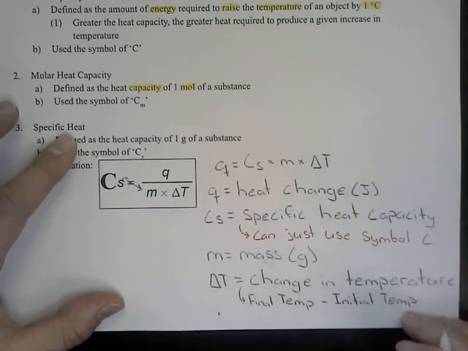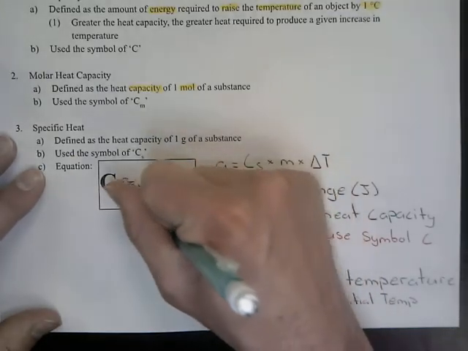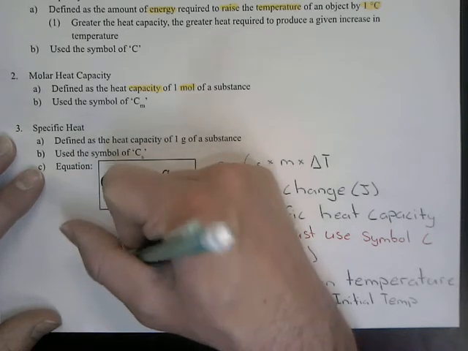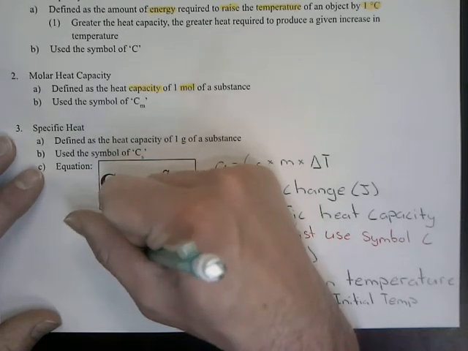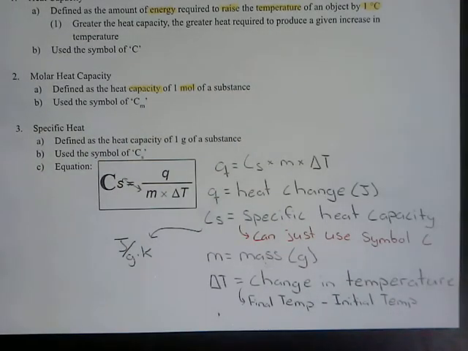And I should also add here, the specific heat capacity, I should have put this in units, is usually expressed in joules per gram Kelvin, okay? And we'll get to that here in a second. All right, so we have this. We're going to utilize this in the next problem here as we go forward.